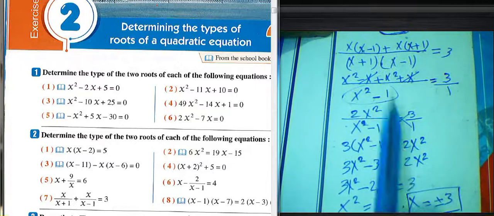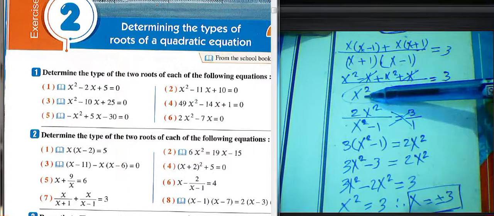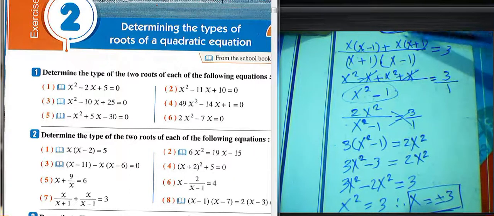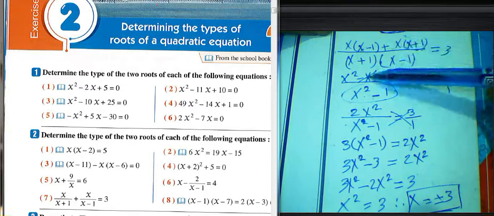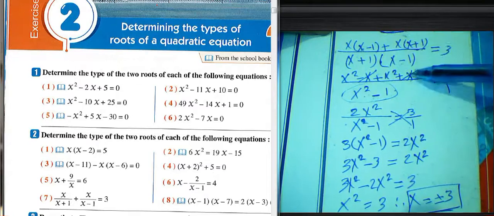Again, x plus 1 multiply x negative 1 equals x power 2 subtract 1, and x multiply x subtract 1, the result will be x power 2 subtract x plus x times x power 2, x times 1 equals x.